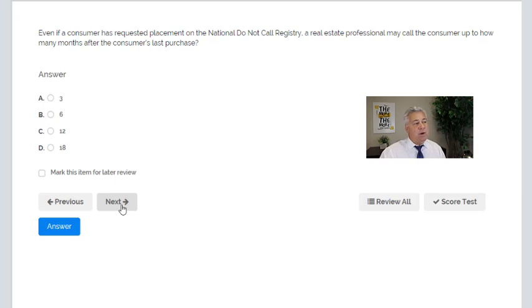Even if a consumer has requested placement on the National Do Not Call Registry, a real estate professional may call the consumer up to how many months after the consumer's last purchase? A, 3 months after the last purchase. B, 6 months. C, 12 months.